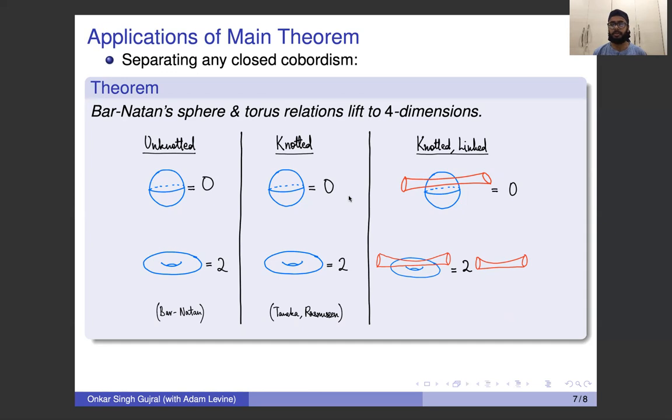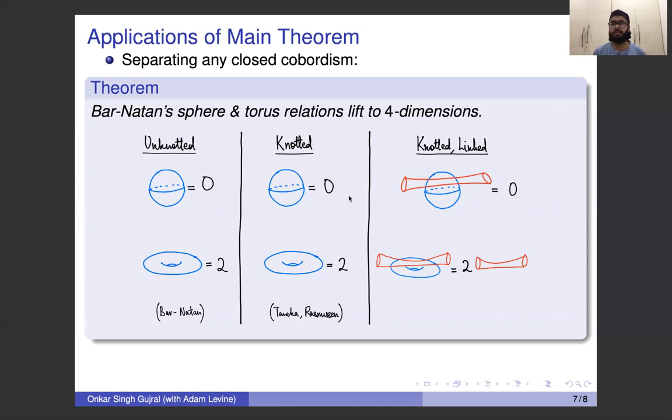Okay, so Tanaka and Rasmussen's results are able to tell us what kind of Khovanov map is induced by a knotted sphere or a knotted torus in 4 space, but this still applies only to a sphere or a torus that may be knotted but viewed in isolation. That is, the sphere or torus may not be linked up with some other components in 4 space.